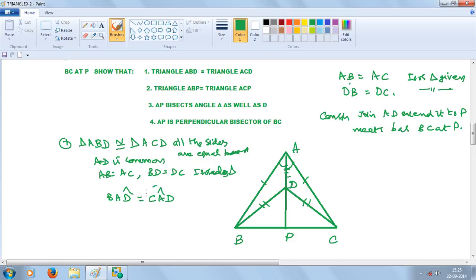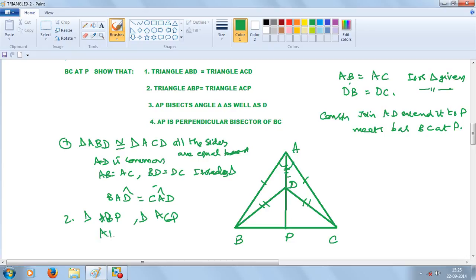What does the next problem say? Triangle ABP and triangle ACP. So we are considering these two triangles.